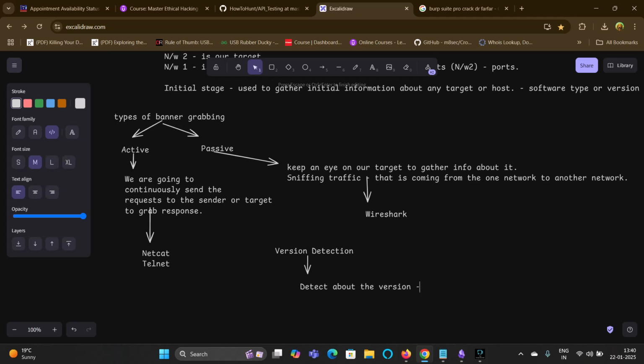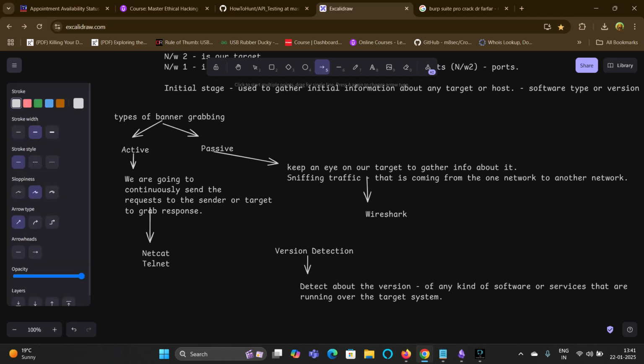It is the process of determining the version of software or services. That means we are going to detect the version of any software or services that are running on the target system. That is the basic meaning of version detection.